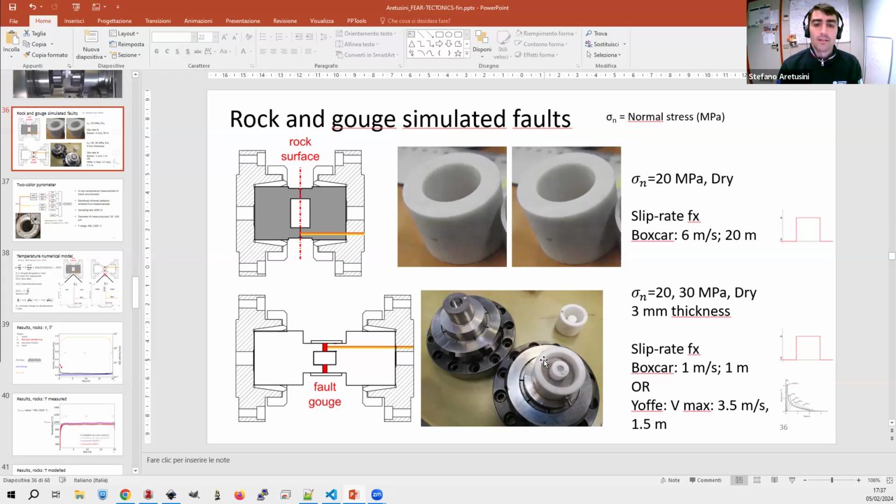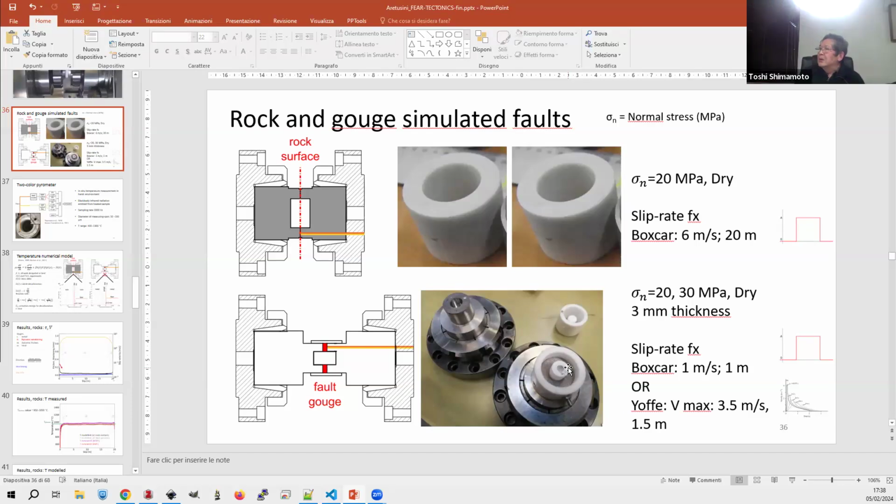Actually, is that what you said? If the slipping zone is on the rotary side, then what you measure may be lower than the real temperature in the slipping zone.